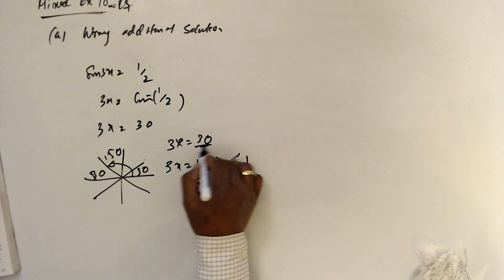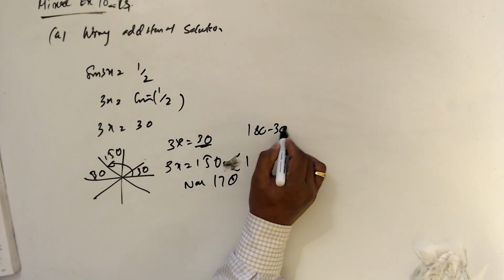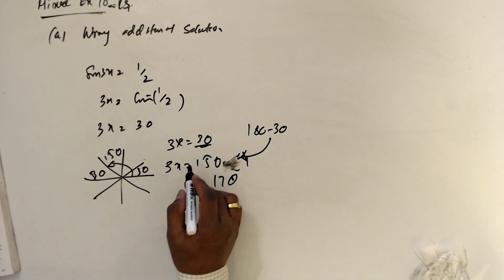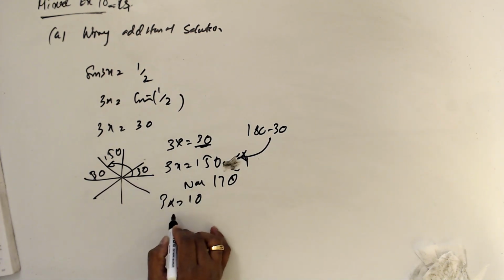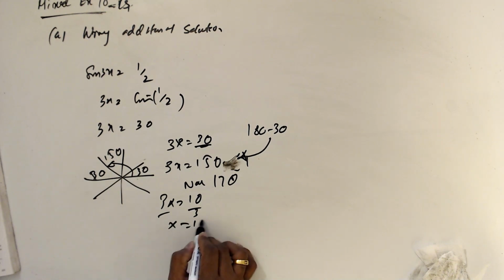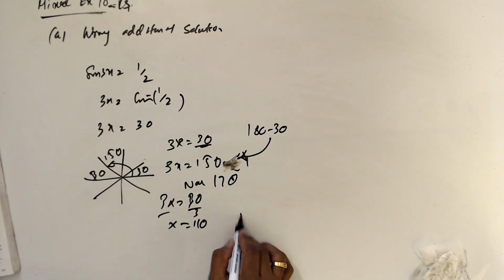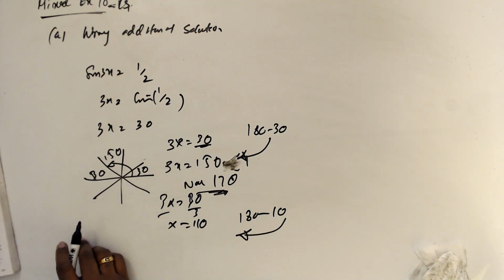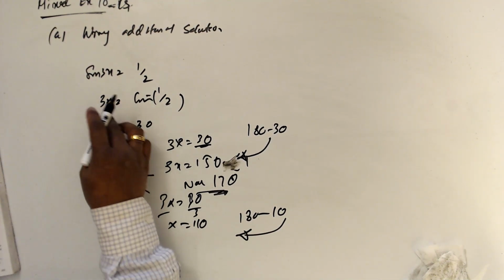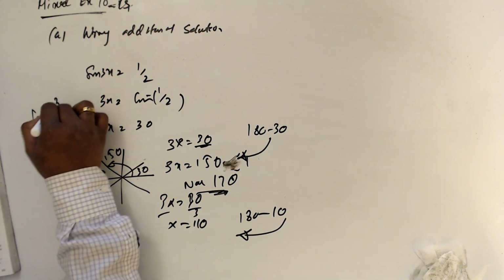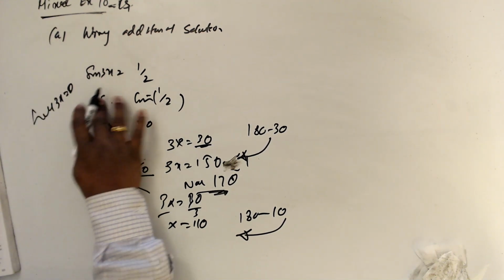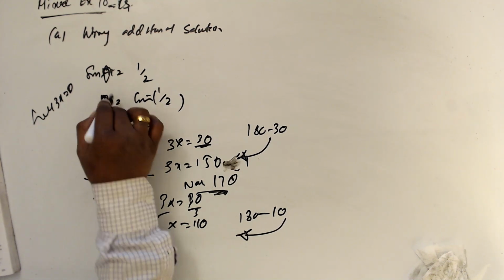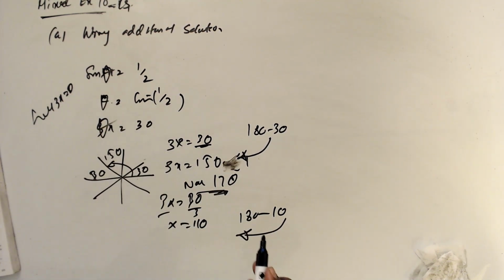If we have 30, then usually we get 180 minus 30, which is 150. If you divide by 3 and get x equals 10, and then take 180 minus 10, it is a wrong answer. To avoid this mistake, we let 3x equal theta, then this is theta, this is also theta, like that.